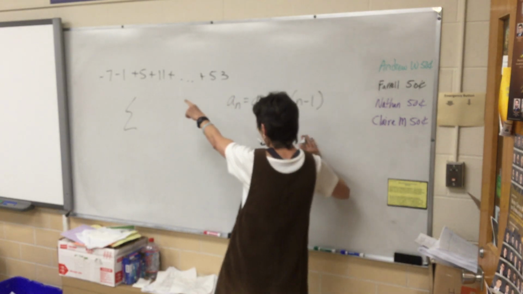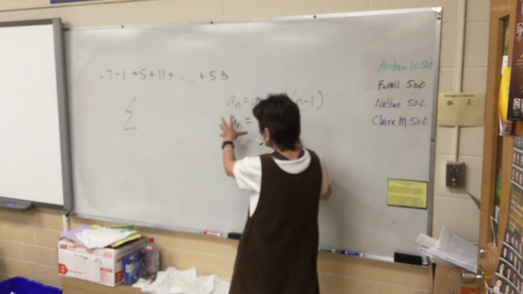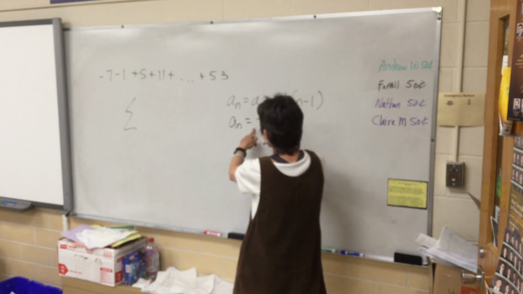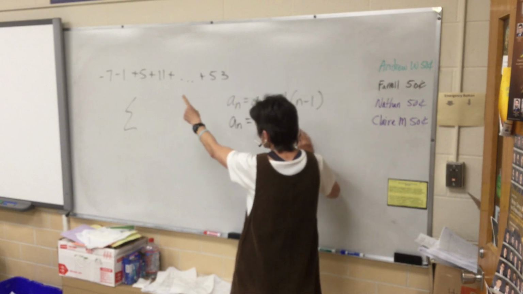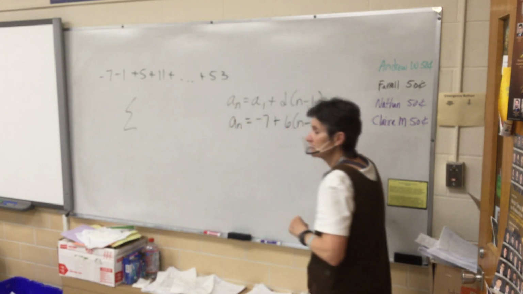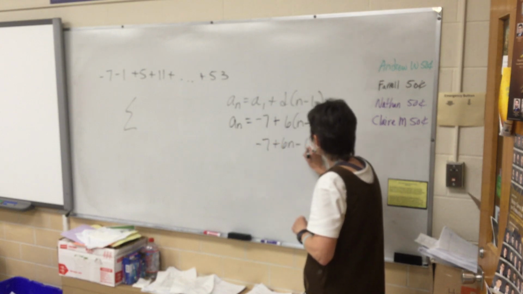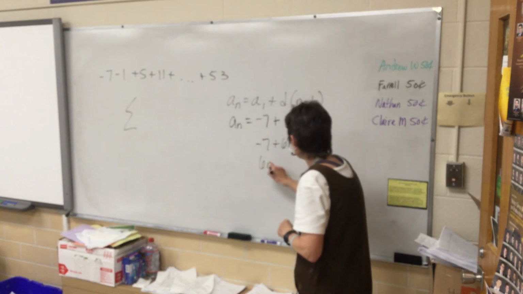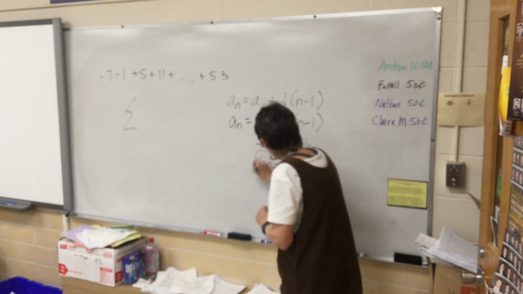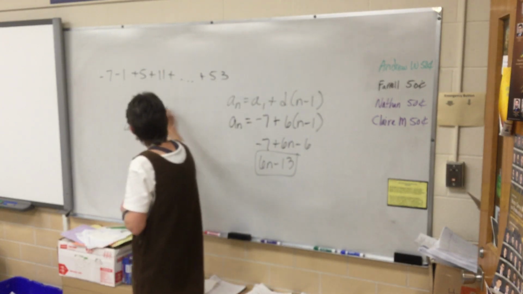So for this problem, a sub n, so some term, will be -7 plus, what's my difference? How am I getting from term to term? 6 times n minus 1. So in other words, it's 6n minus 13, is that right? That, my friends, is what goes right here. That's it. That's all there is to it.